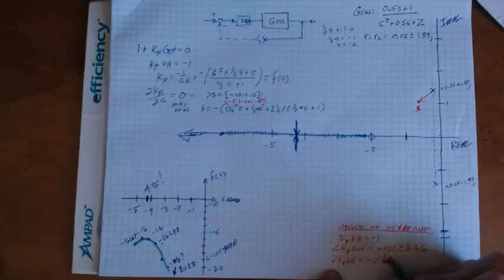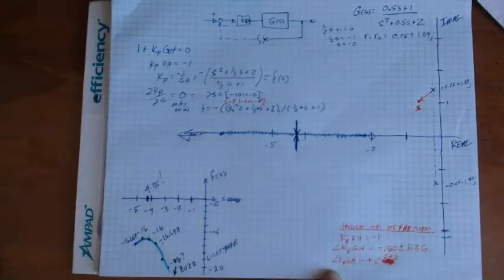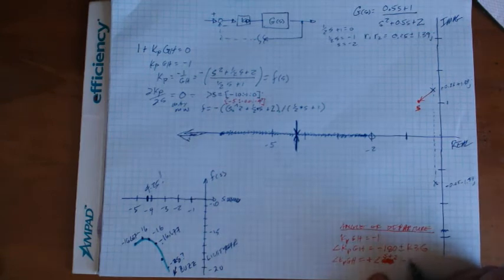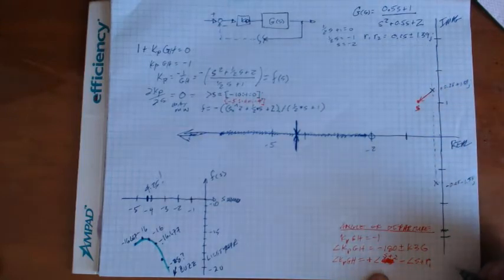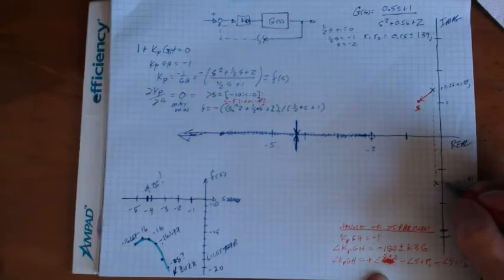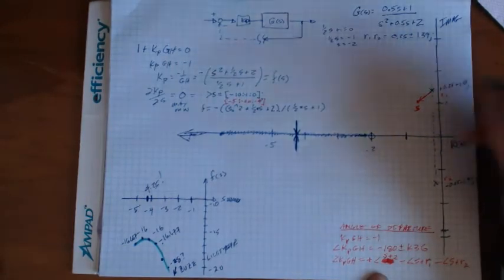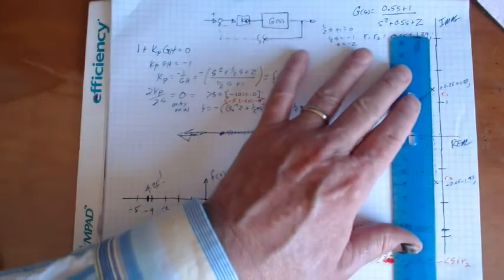It's plus the angle of S plus 2, because zeros are on top of the GH, so they have positive angles. And then it's going to be minus the angle of S plus R1, and this is the angle of S plus R1. And then it's also minus the angle of S plus R2. And so this is R2 here. I'll just jot these in here. This is R2, R1.